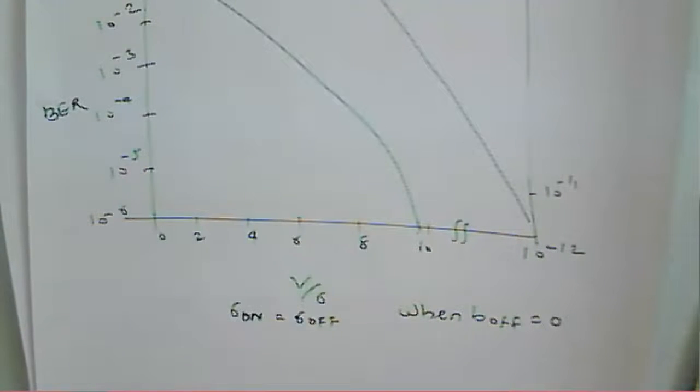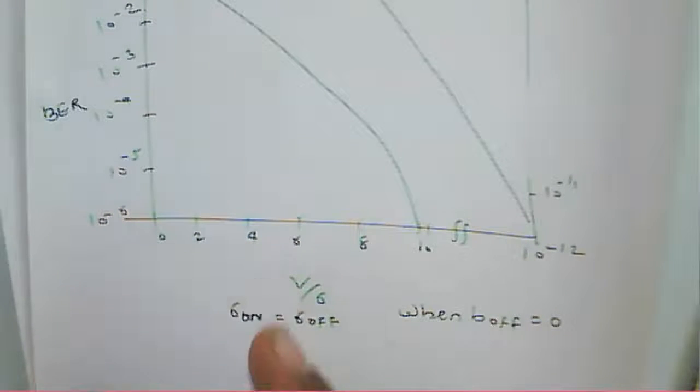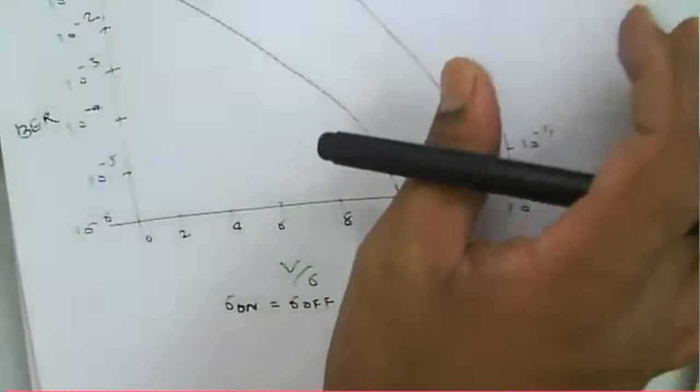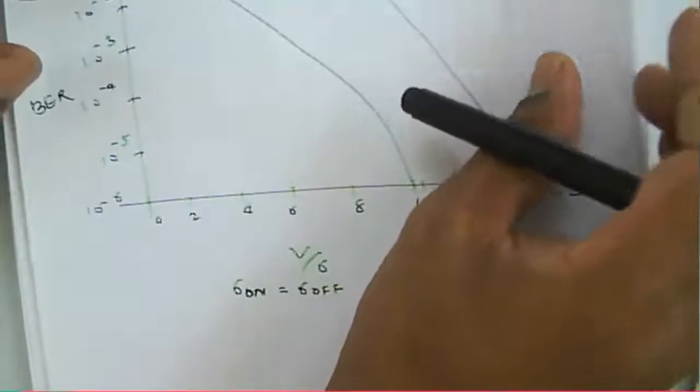And if the signal to noise ratio is not small, then the bit error rate is not acceptable here. So that is why the errors that occur will be more here. So that is why BER is not acceptable.